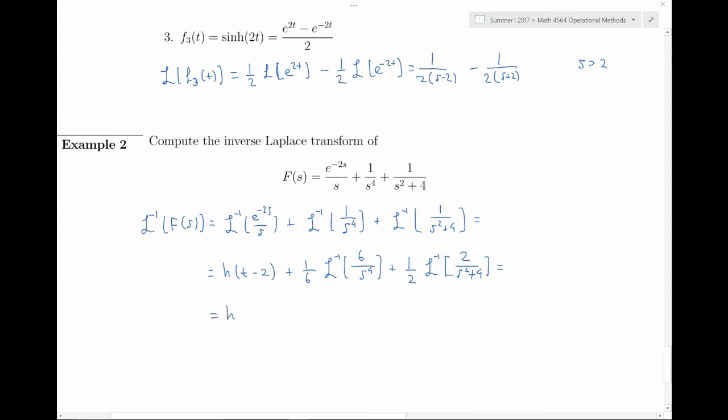So this becomes the Heaviside function of t minus 2, plus 1 over 6 t cubed, plus 1/2 of sine of 2t.